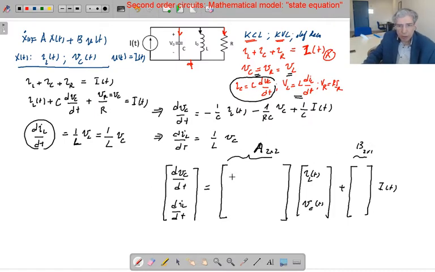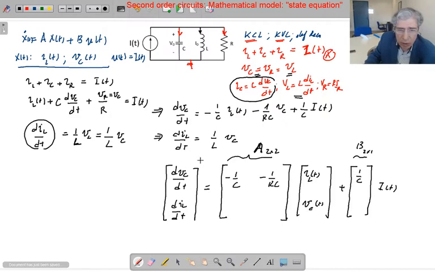So what is this coefficient? It is the coefficient of IL(t) here, which is minus 1 over C. Coefficient of VC is minus 1 over RC. And coefficient of i(t) is 1 over C. So I transferred the first equation to this matrix form.